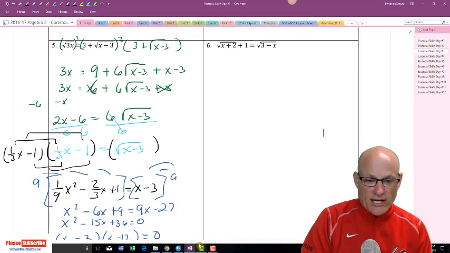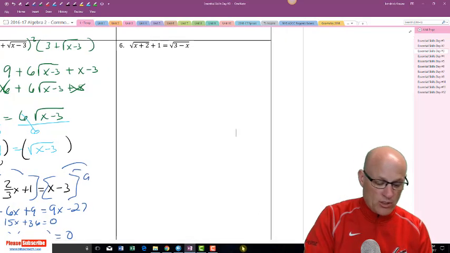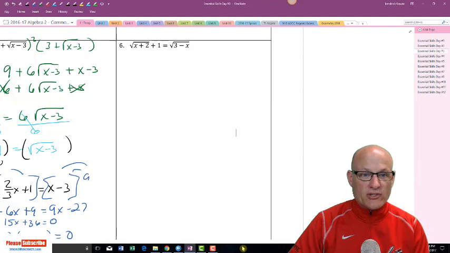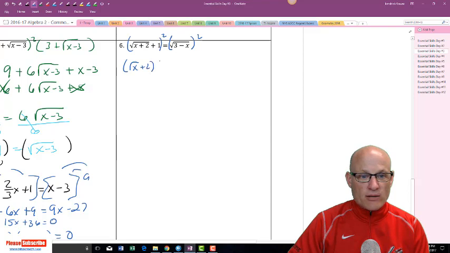All right, let's get going. Last one. Isolate the weird thing. Well, we've got one of the weird things already isolated. So we'll square that, and we'll square that. Man, I haven't done one of these in a long time. So I'm going to write this one out because I'm really out of room.